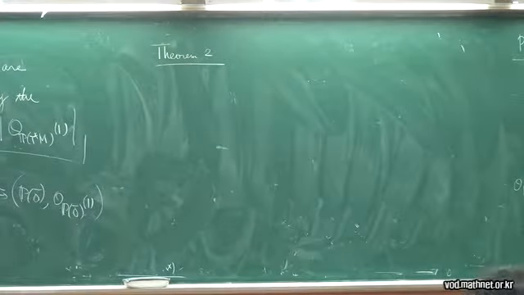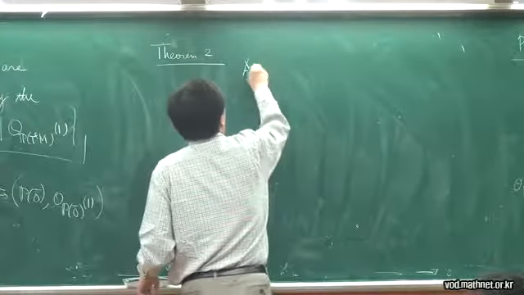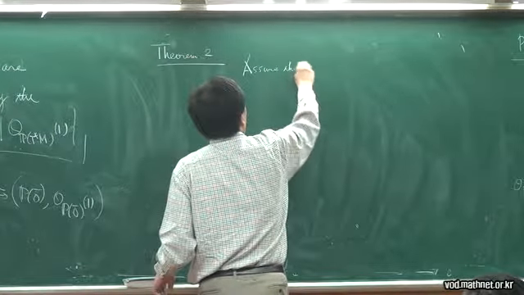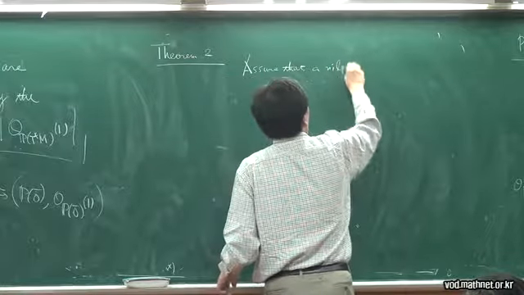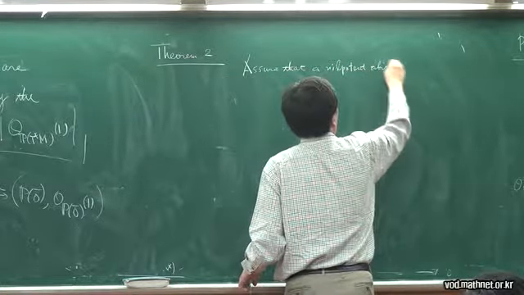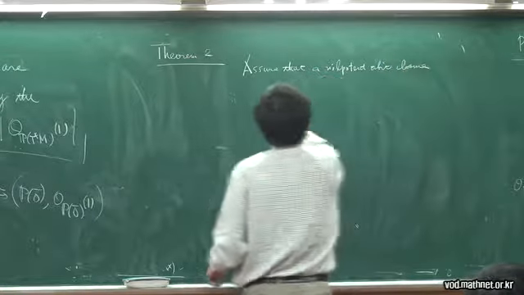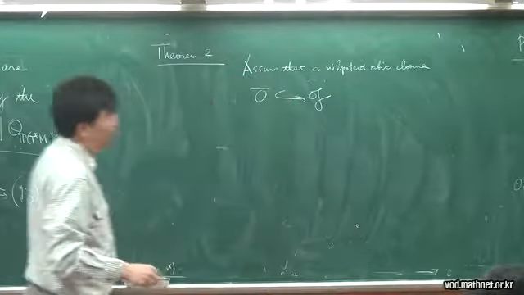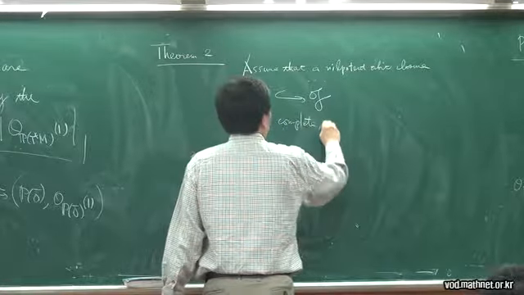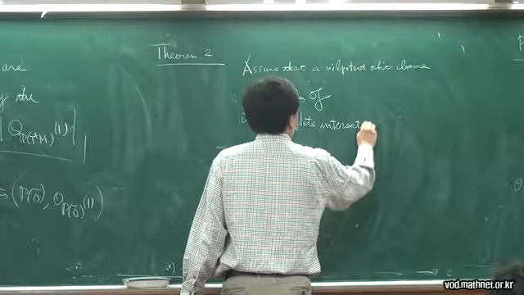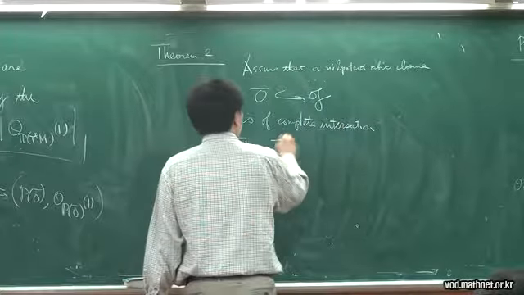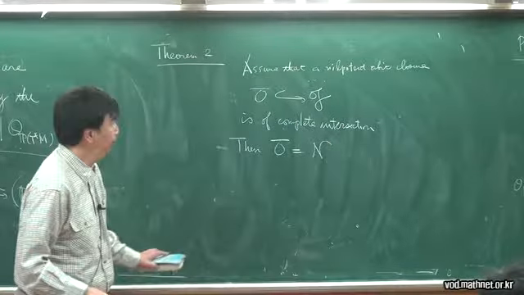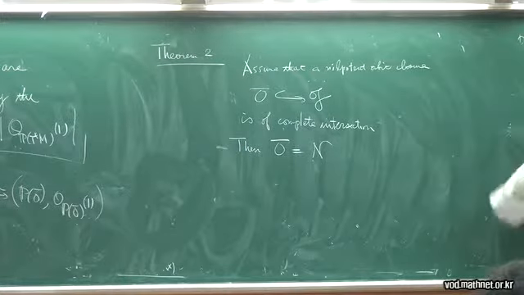Theorem 2 says: assume that a nilpotent orbit closure O bar inside g, some semisimple Lie algebra, is of complete intersection. Then O bar should be N. This is the final step.